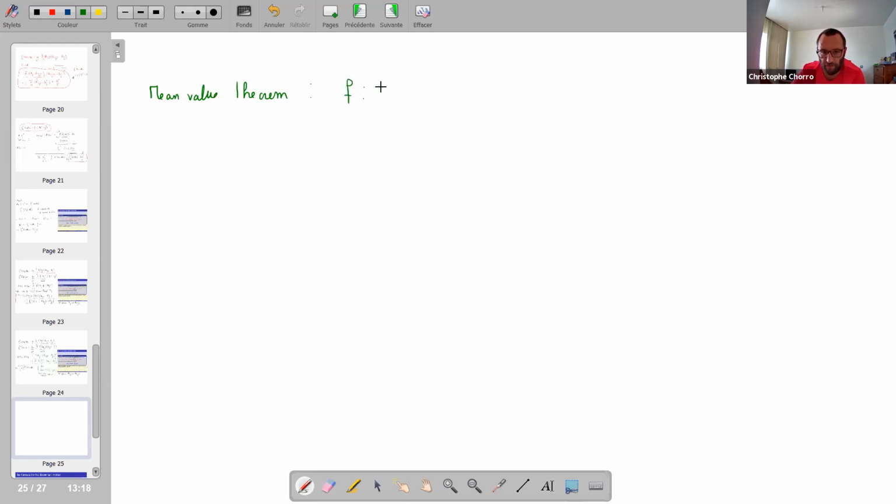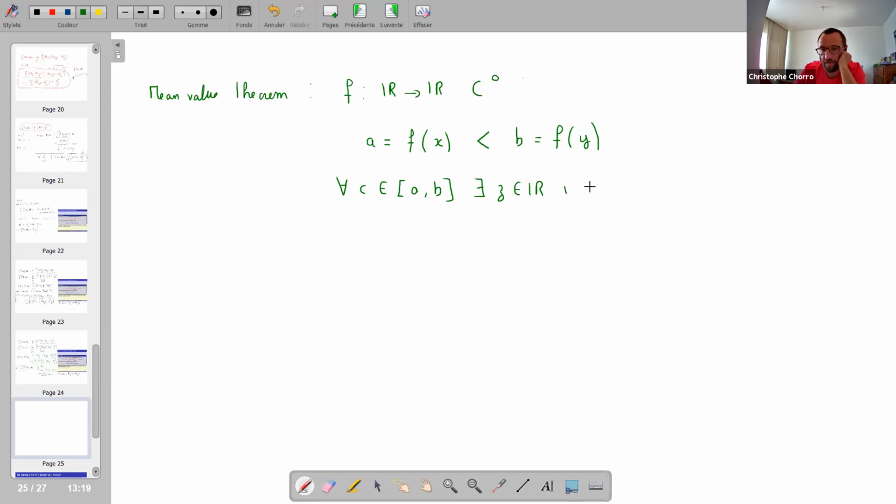If you have f from R into R that is continuous, and you have a equal to f of x, strictly less than b equal to f of y, then for any c belonging to (a, b), there exists a z belonging to R with f of z equal to c.